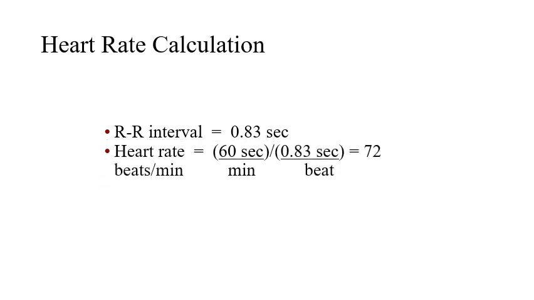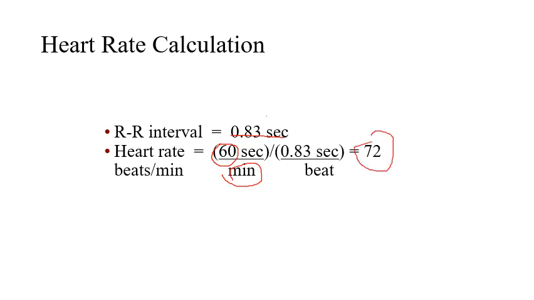So we measure this time lapse between R and R. If it was 0.83 seconds, for example, then we convert the minutes to seconds in order to get how many beats per minute.